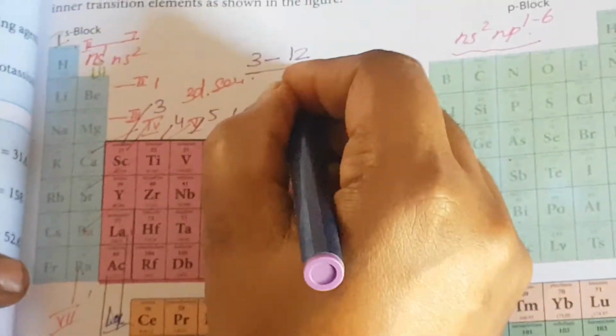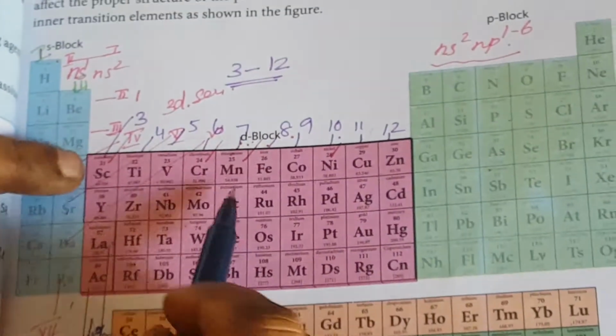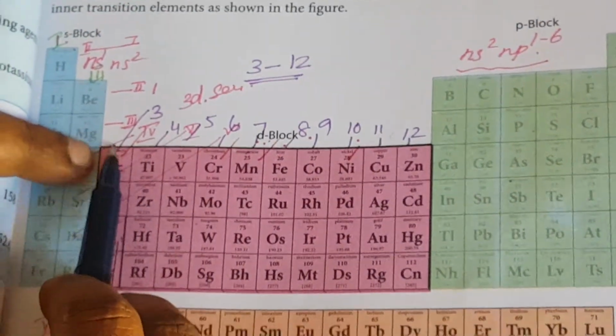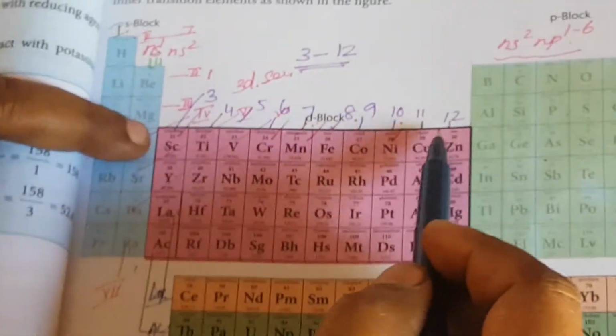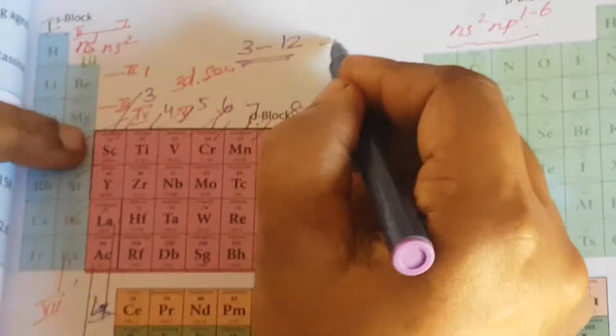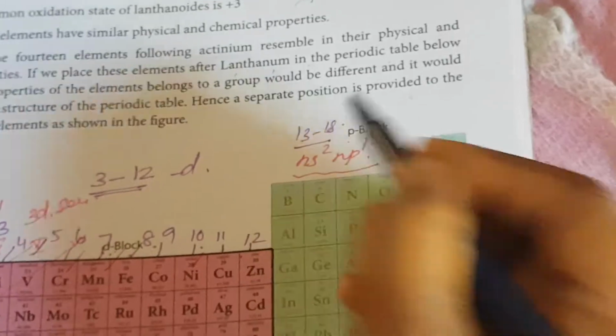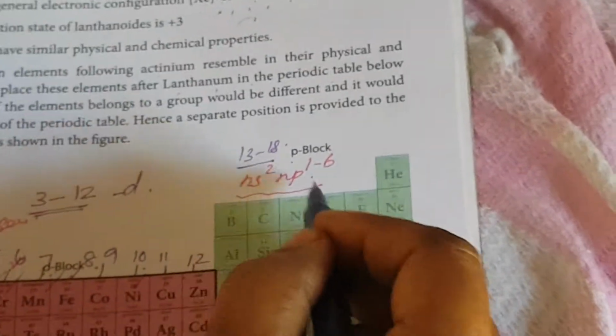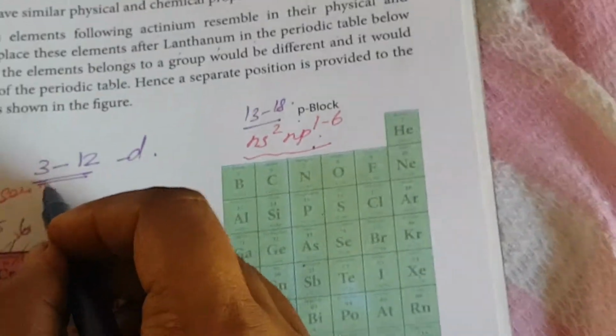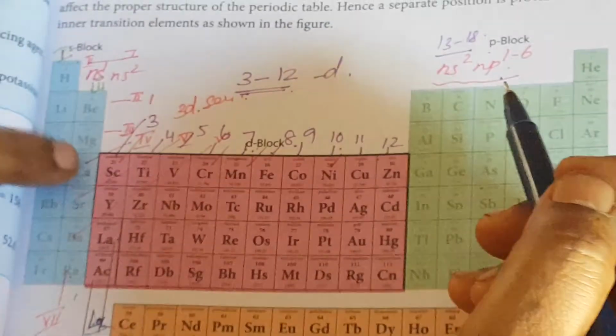The elements between groups 3 to 12 are called D block elements. The elements between groups 13 to 18 are called P block elements, which we already studied.